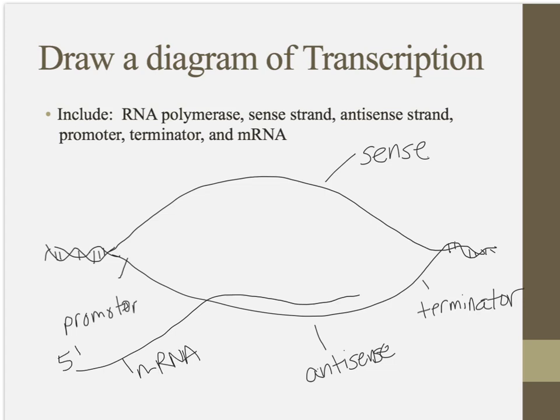Here's my 5' end. Here's my 3' end. I can tell that this process is going in this direction for a couple of reasons. One, because it's going to start at the promoter and work its way to the terminator, also from the 5' to 3' end.